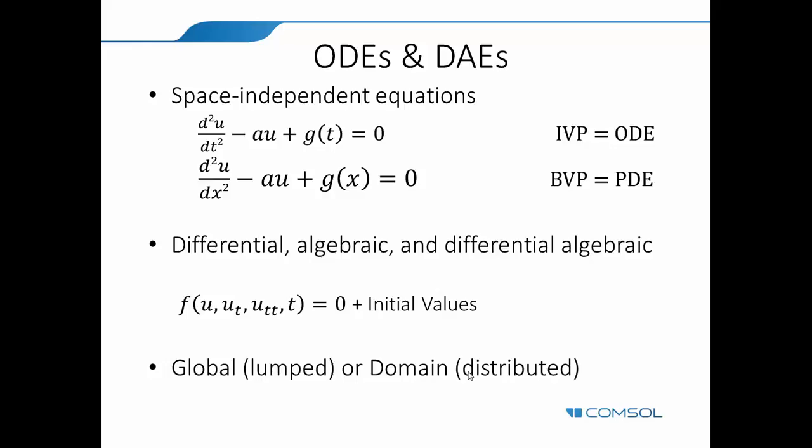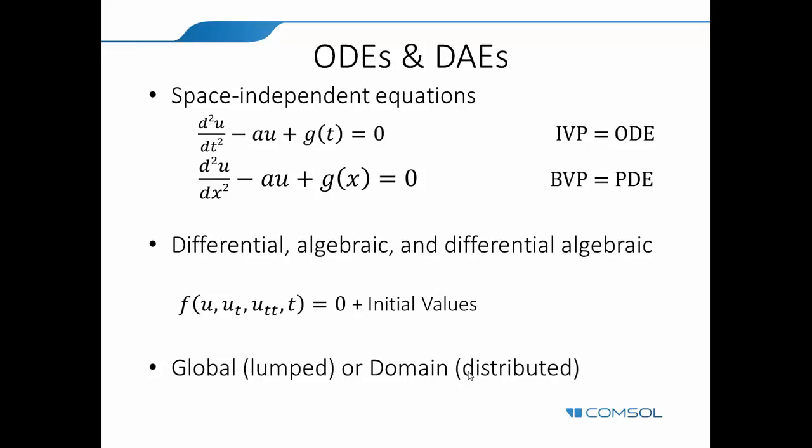And because of that, when we mean ODEs, we just mean initial value problems, where there is no spatial derivative. If there is any spatial derivative, even if you don't have time derivatives, you have to use the PDE interfaces. Is the distinction clear?